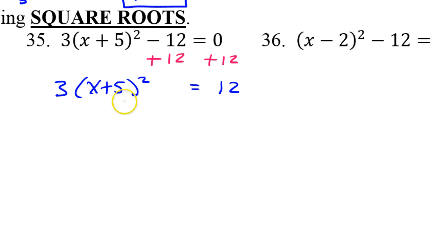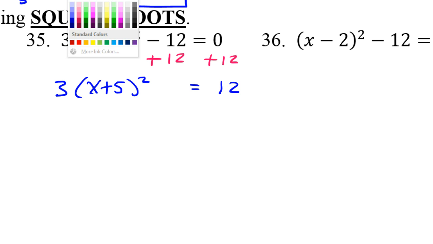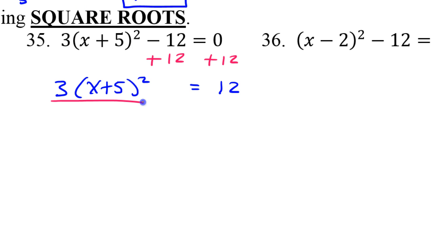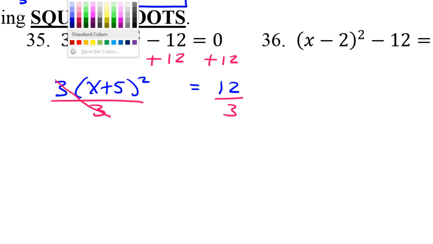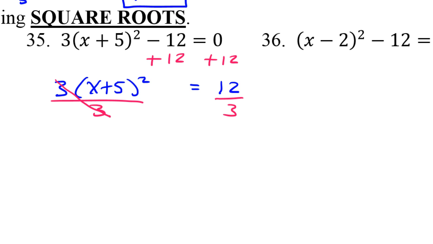And again, to get rid of that 3, just like if this was 3q, I would divide, it's going to be the same situation here. I will divide both sides by 3 like this. That will cancel these 3's out. So that's going to leave me with x plus 5 squared is equal to 4.